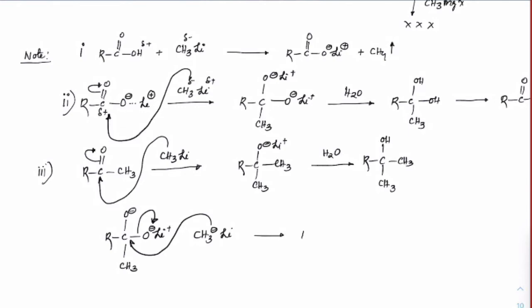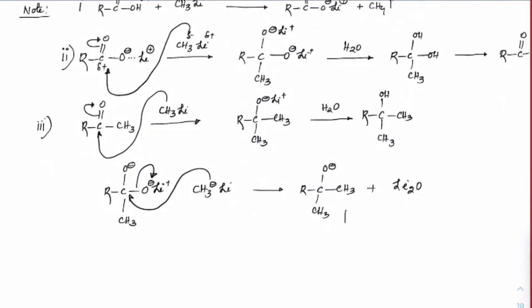So we can have RCO minus CH3 plus, because this is 2 moles of lithium, Li2O can be formed, right? Then on hydrolysis we can get RCOH CH3.